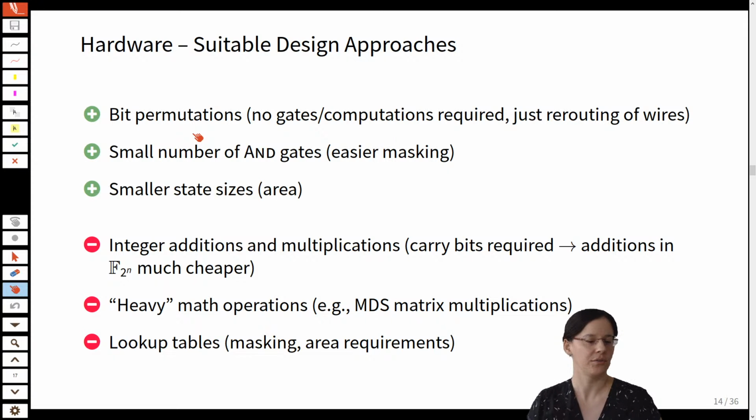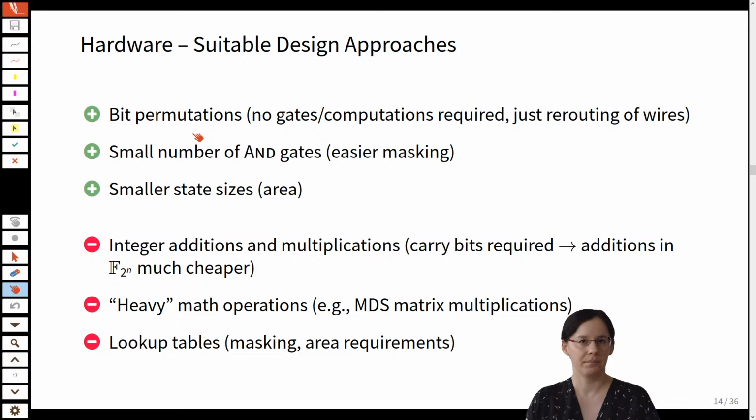It also doesn't really cost anything in terms of masking. What's also good is if you have a cipher which has a simple description in gates, and in particular, if this description has relatively few AND gates and more XOR gates. Whenever I say AND gates, I mean any nonlinear gates, so AND or NAND or OR or anything like that.